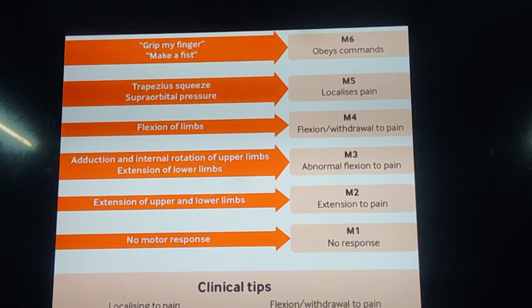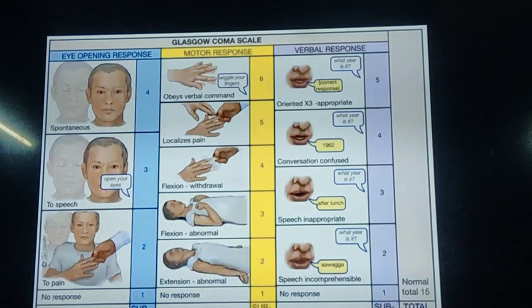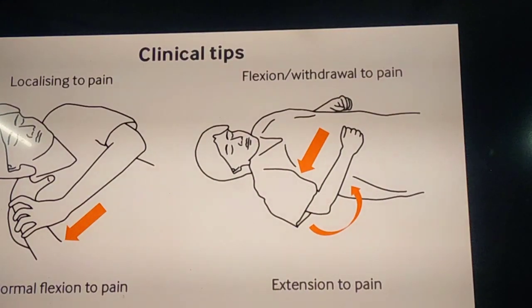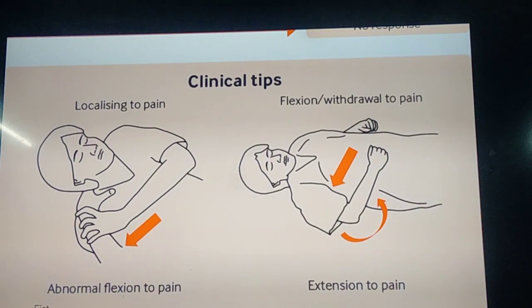Okay, then next, if the patient is not able to follow the commands, then what you will do, you will give a painful stimuli to the patient. How to give a painful stimuli, we have already discussed before, that is trapezius squeeze or supraorbital pressure.